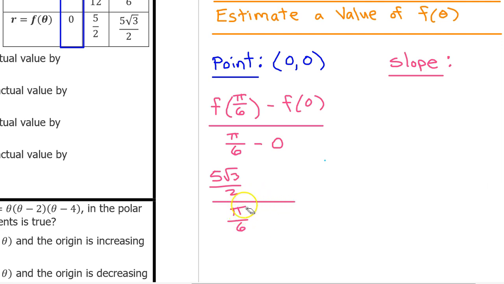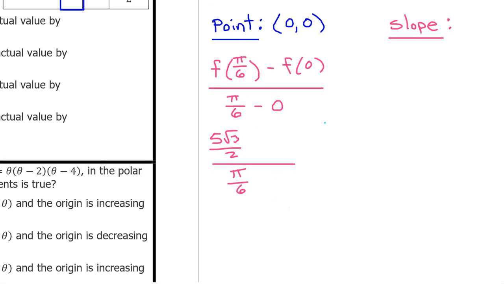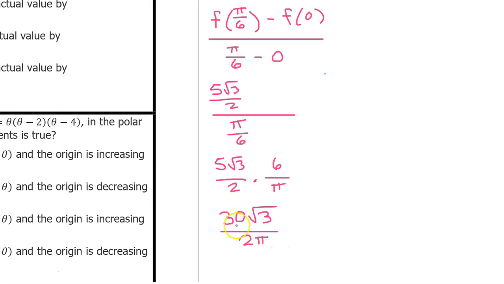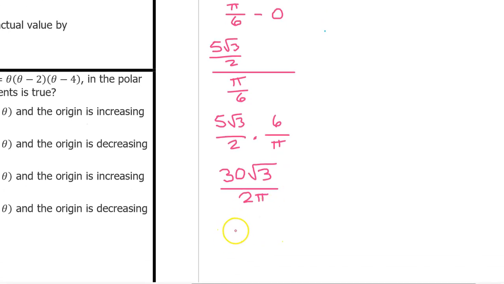When you divide by a fraction, you multiply by the reciprocal. So the average rate of change becomes 5 radical 3 over 2 times 6 over pi. This is 30 radical 3 over 2 pi, which reduces to 15 radical 3 over pi.